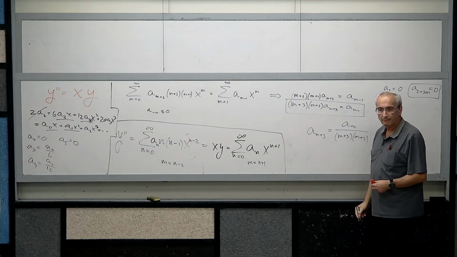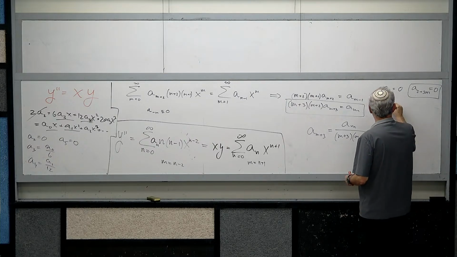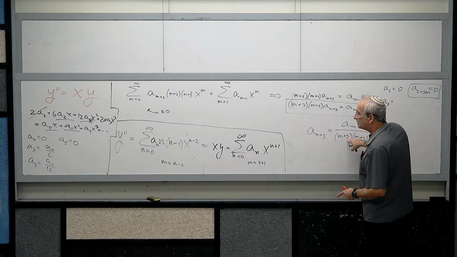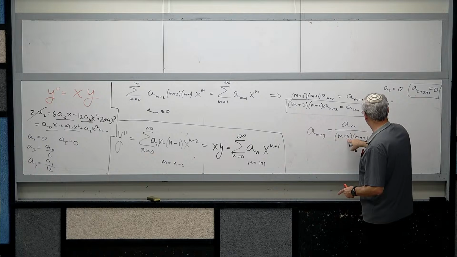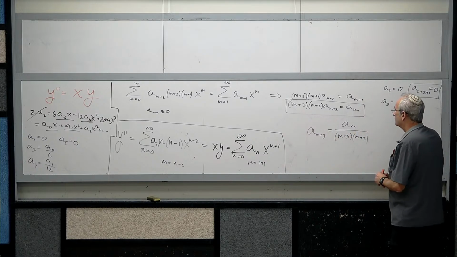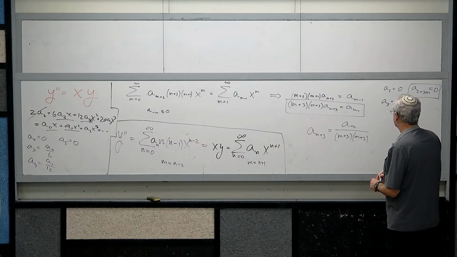Okay? Now, what about A3? Now, A3 will be A0 divided by, no, I made a mistake. Where is my mistake here? A3 is A0 plus 3.